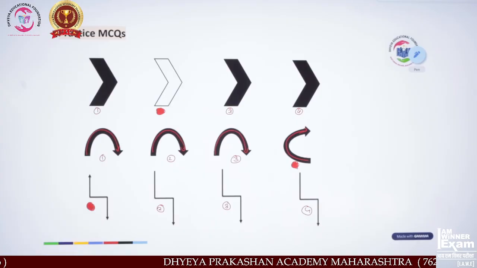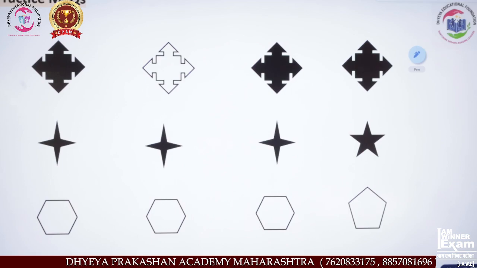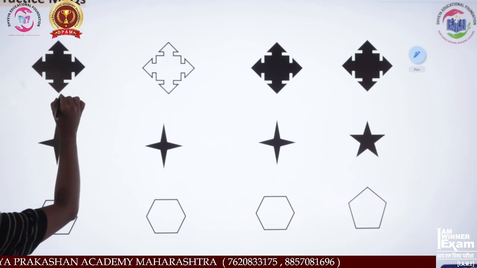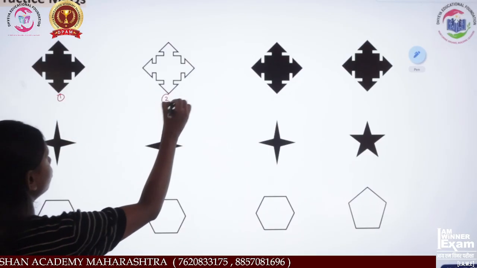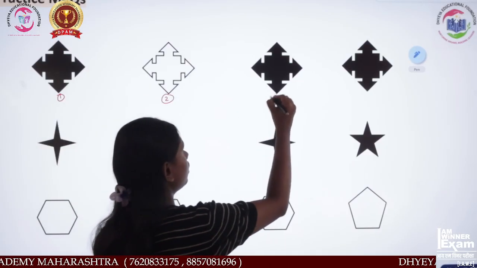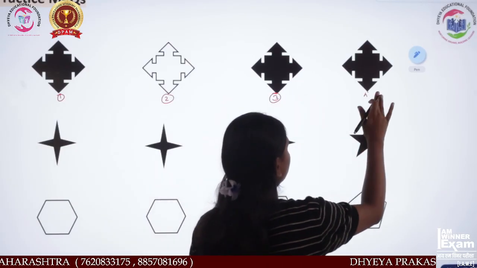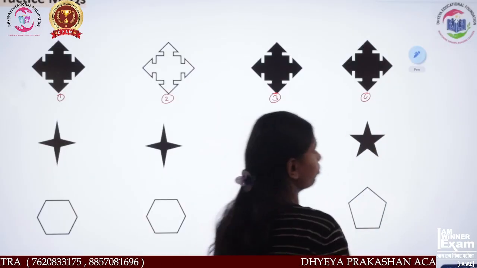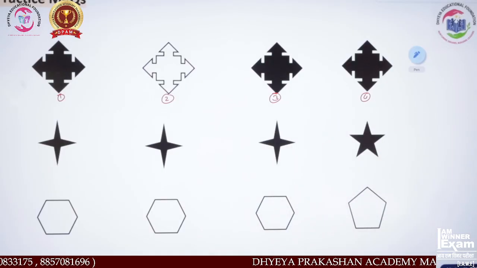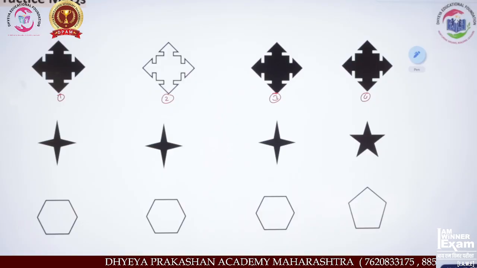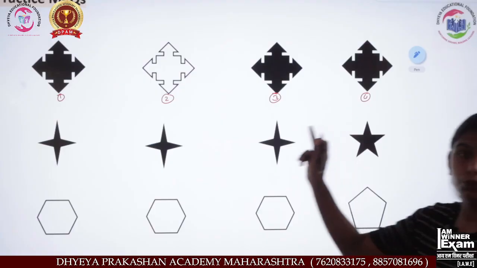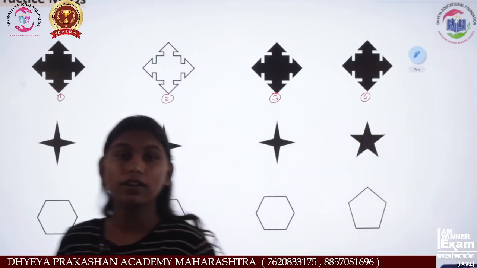Okay, then next. Now this is your figure 1, this is your figure 2, this is your figure 3, and this is your figure 4. Now which is the different figure here? That is figure number 2.